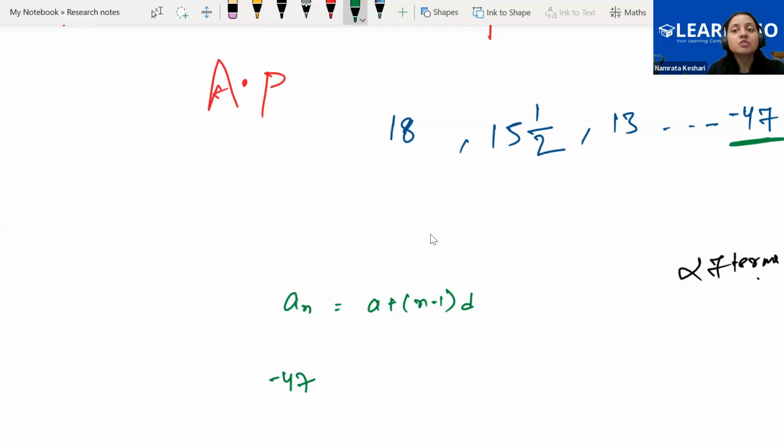If we will be able to find n, which place is that? Is that the 20th place, 30th place, 100th place, 200th place? Which term is minus 47? If we will be able to find that, then will it be possible to say how many terms are there?